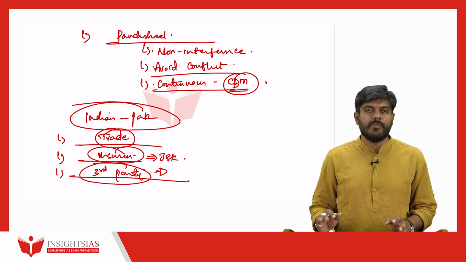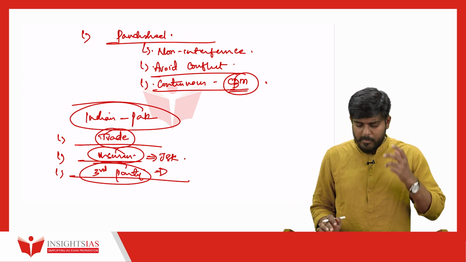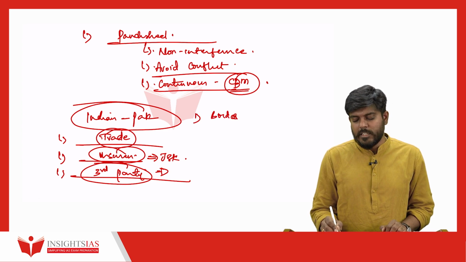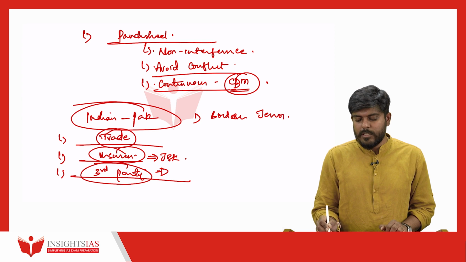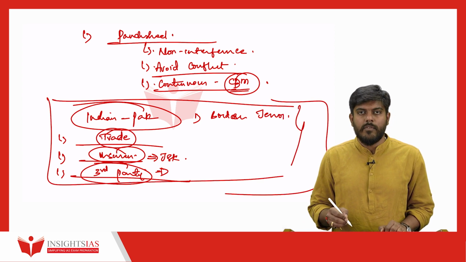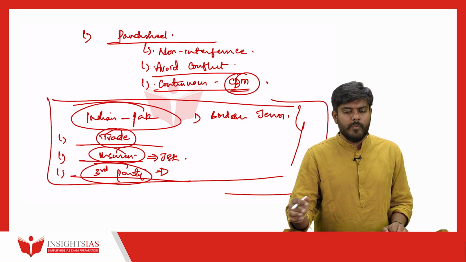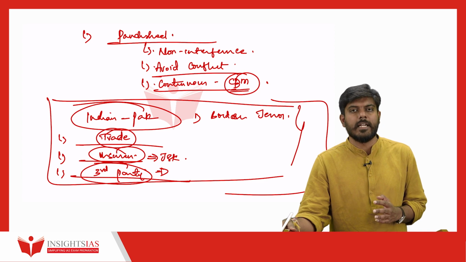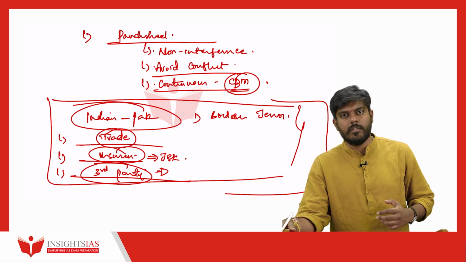So because of all these factors, and you also know frequent border aggressions and terror activities, all these things are derailing the fundamental tenets of the Shimla Agreement. And also we can easily observe that India stuck to its side of the argument.